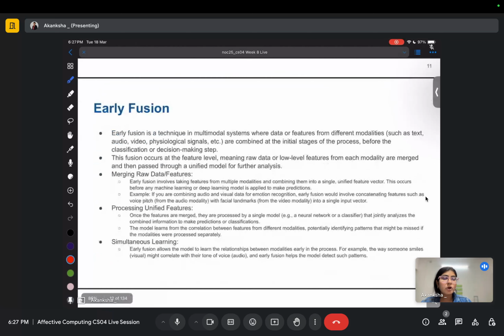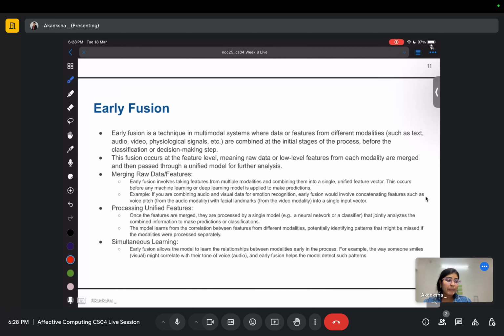So, if we talk about different fusion strategies, till now we have talked about how we want to combine different modalities to obtain different, complementary information. But how can we combine this information? There are a few strategies. Most commonly, there are three: one is early fusion, second is late fusion, and the third one is intermediate fusion.